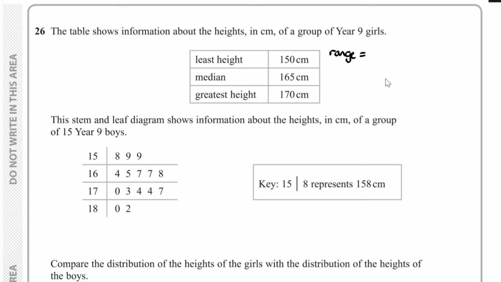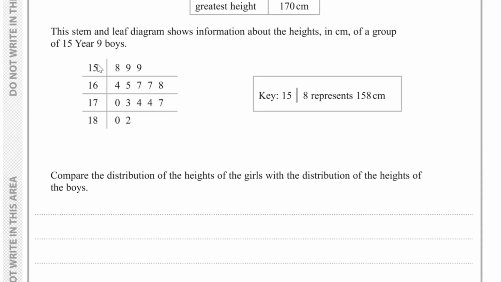So the range here is equal to the biggest value, 170, take away the smallest value, which is 150. So the range for the girls is 20 centimetres, and the median, that's told to us as 165 centimetres. And if we take a look at the stem and leaf diagram, we've got 15 boys.